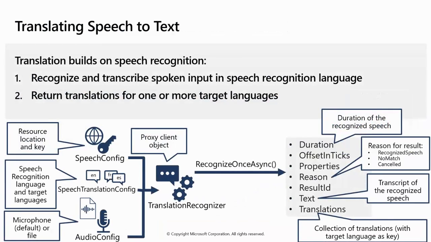Once again, when speech is recognized, the Text property has the transcription in the original language, and the Translations property has a dictionary of the translations. This uses the two-character ISO language code, such as EN for English, as a key.